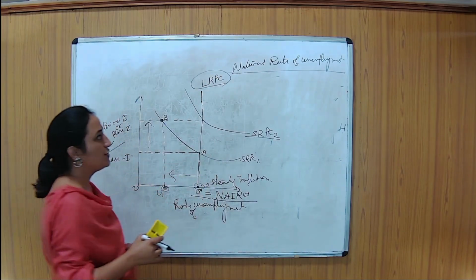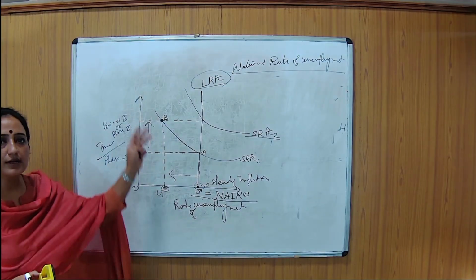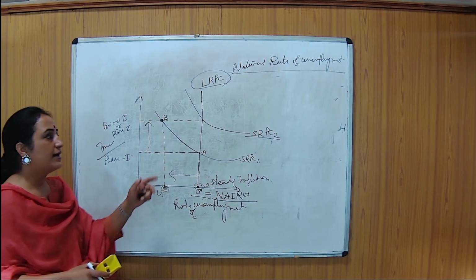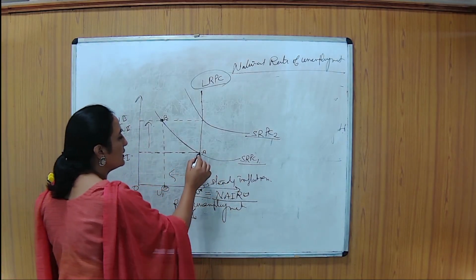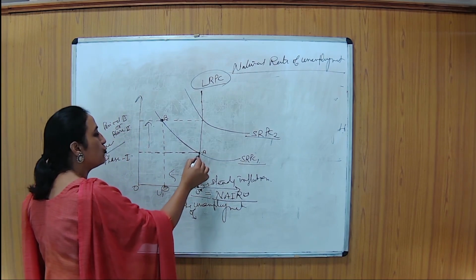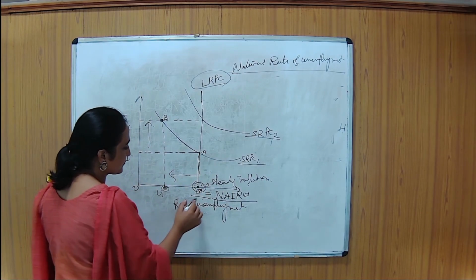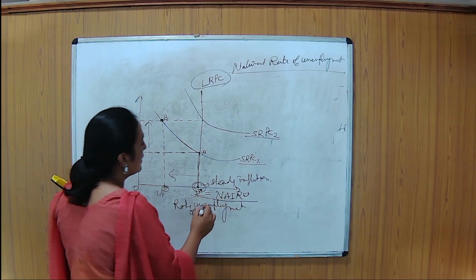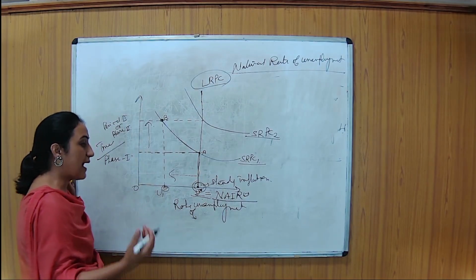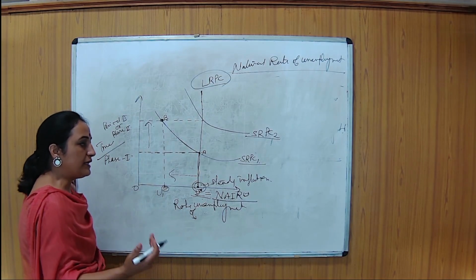We know that the long-run Phillips curve is vertical to the x-axis, and this is the short-run Phillips curve 1. This is the point where, at a steady inflation rate, there will be a natural unemployment in an economy.